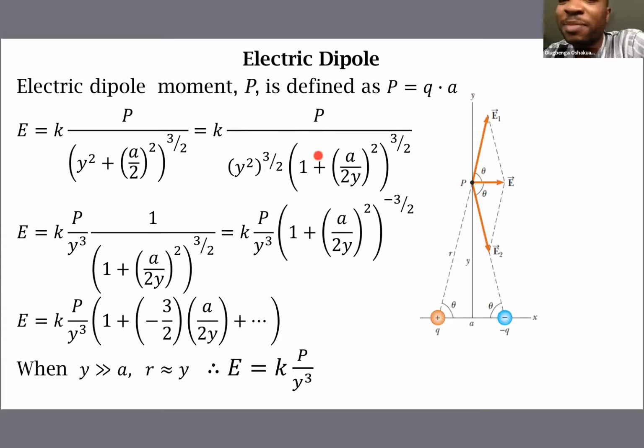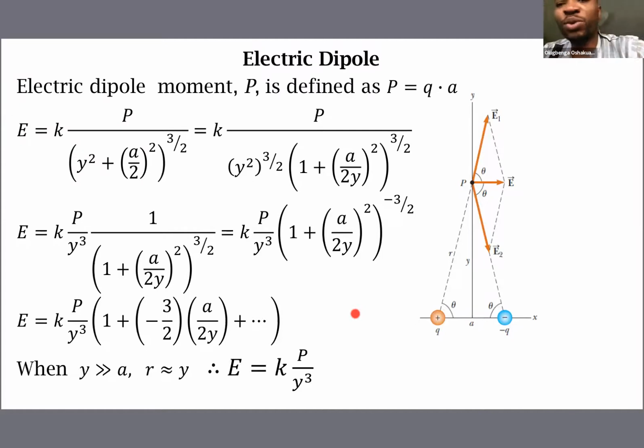These are basic mathematics that you should play with at your leisure time. The only thing I think I should draw your attention to is that from this expression, we used binomial expansion to resolve everything in this bracket to give us this expression.